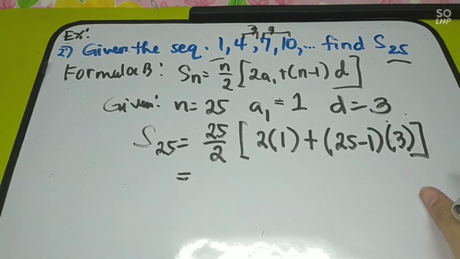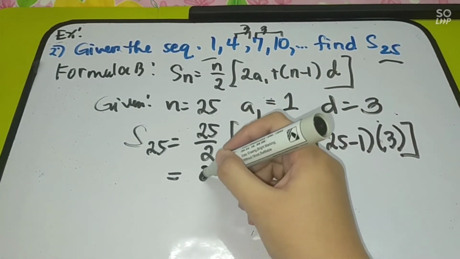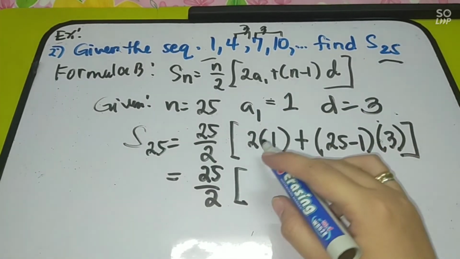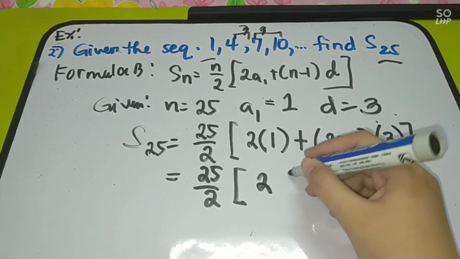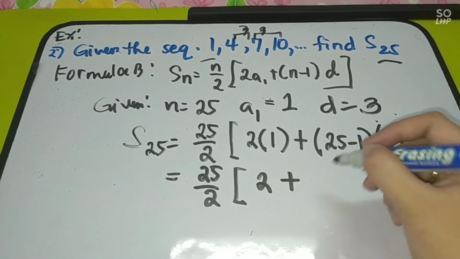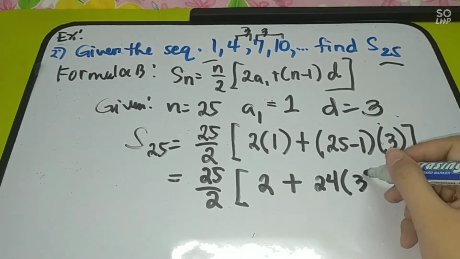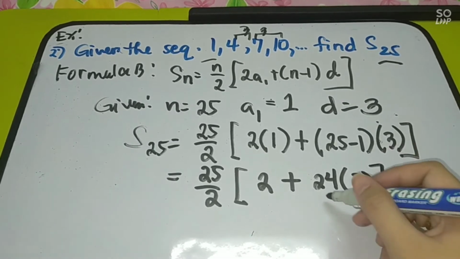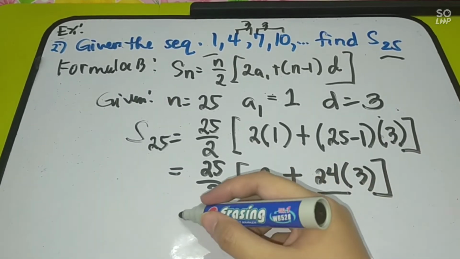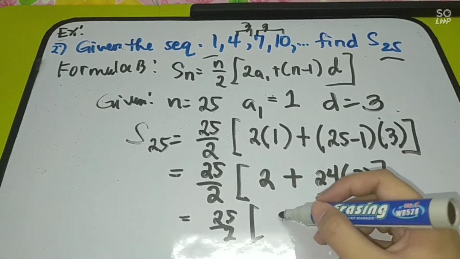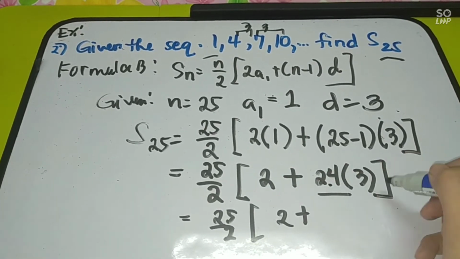You cannot divide 25 to 2, kaya sulat mo na lang ulit yan. 25 over 2. Just copy. So, 2 times 1, we have here 2, plus 25 minus 1, that is 24. Multiplied it by 3. Next, multiply mo muna to. Ito, copyhin mo lang. 25 over 2 times 2 plus 24 times 3.